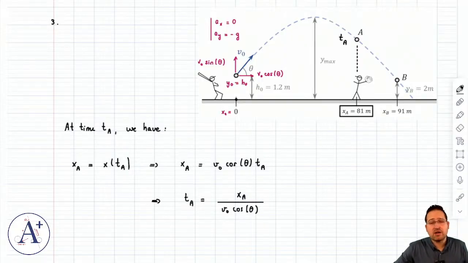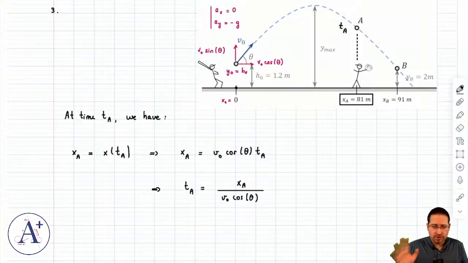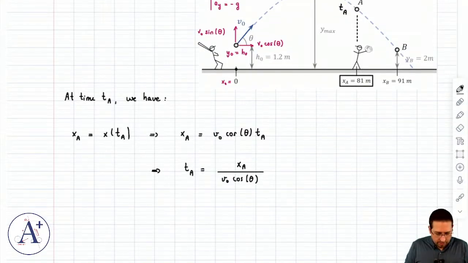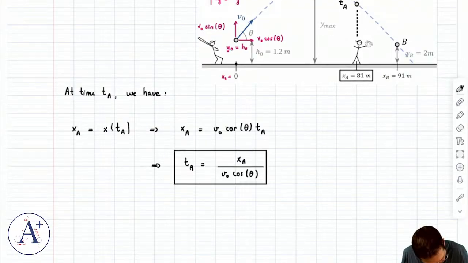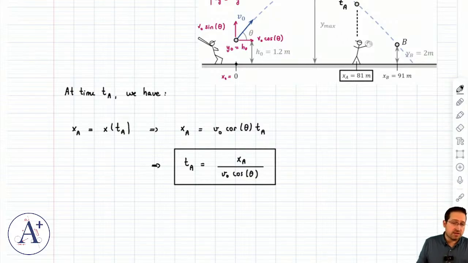We can compute ta, and if you feel more comfortable doing that, go ahead. I'm going to sub ta into y to get ya, but that's to practice using variables, and I want to make sure that we get as much practice as possible when it comes to solving with variables. So ta is this. Don't really care about ta. I just need it so that I can compute y of a.